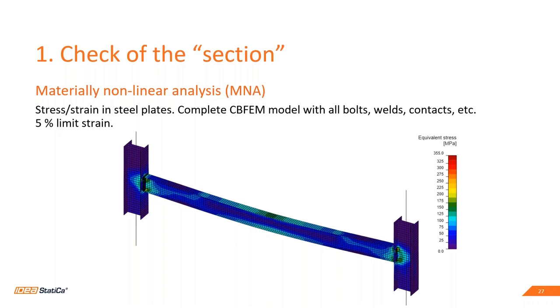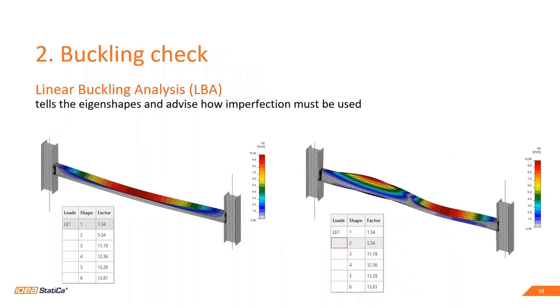All the member is meshed and the CBFEM model is created. All the bolts, welds, contacts are there, and we will analyze the stress and strain. We will check the plastic strain, which is limited to 5%. We can continue and start the buckling check.